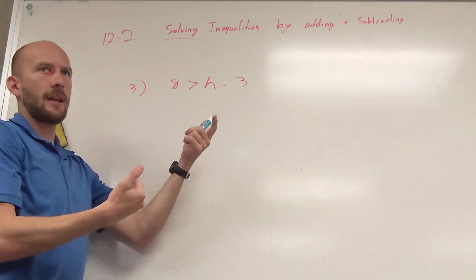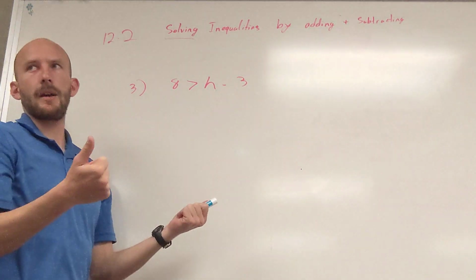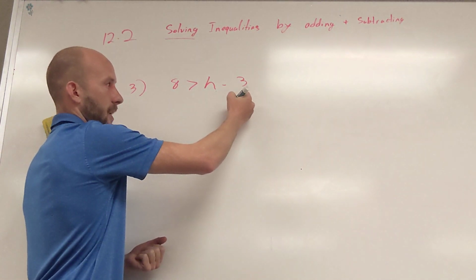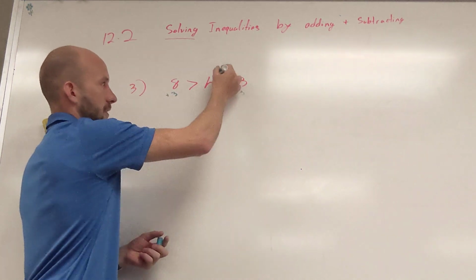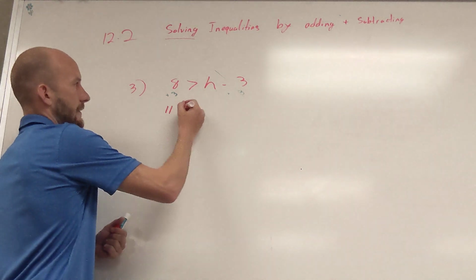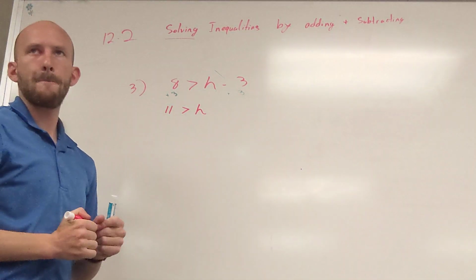So what do I need to cancel out here? The 3. Is everybody good with that? So if this is minus 3, how do I cancel it out? I need to add 3 to both sides. Okay. So I get 11 is greater than h.